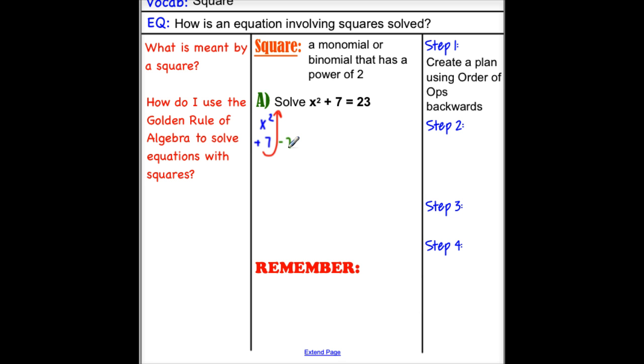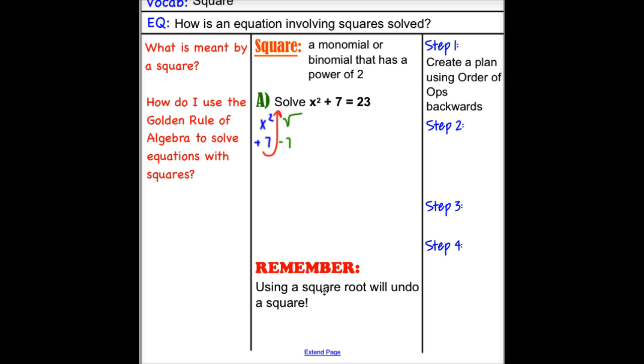One of the things we talked about back in Unit 1, that I'm not sure how many of you remember, is that the opposite of squaring, what undoes squaring, is the square root. So you might want to make a note that using a square root will undo a square.